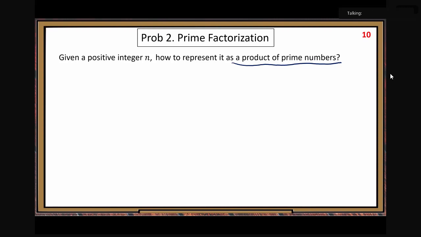And you need to write a program to calculate it. So here, let's look at the algorithm to calculate that prime factorization. We need to use the algorithm to write a program.